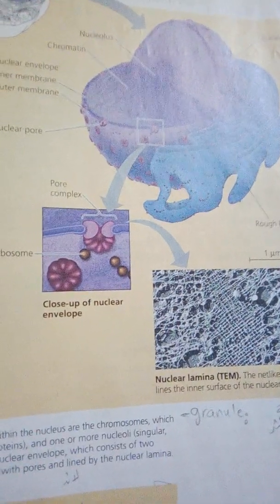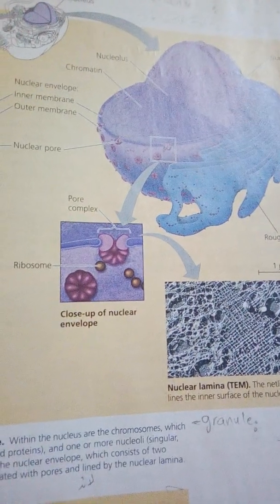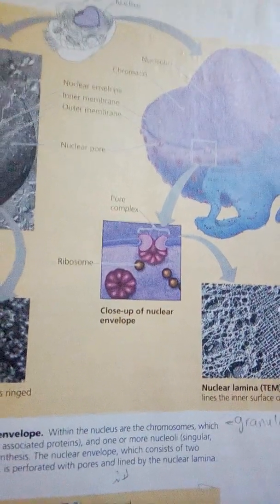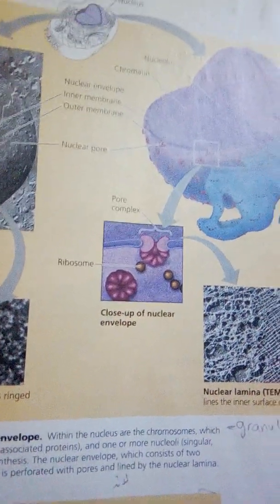Ribosomes build proteins in two cytoplasmic locales. Free ribosomes are suspended in the cytosol, while bound ribosomes are attached to the outside of the endoplasmic reticulum or nuclear envelope.